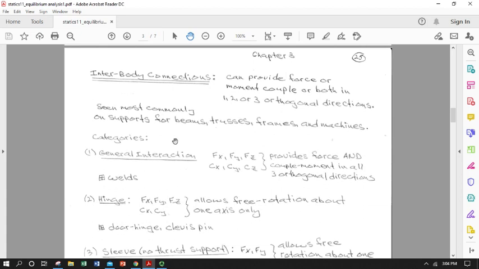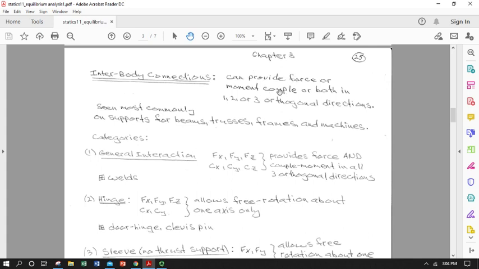Okay. Speaking of which, how do we transfer force by contact? Since that's really what Newton's third law is about. When we push on something, how can it push back? Things can push back different ways, and depending on the type of interbody connection that our parts have, we can provide force or moment.